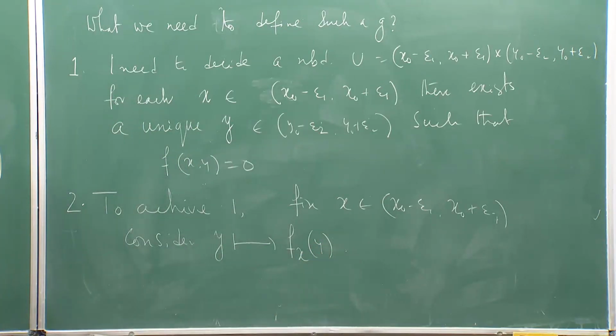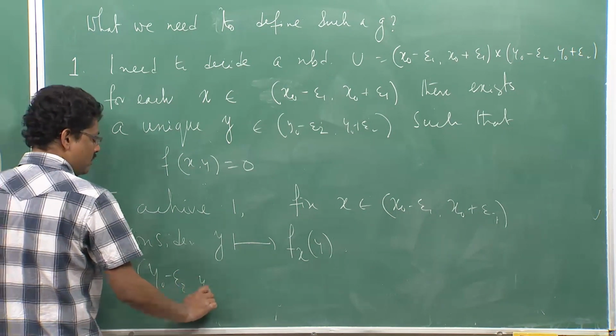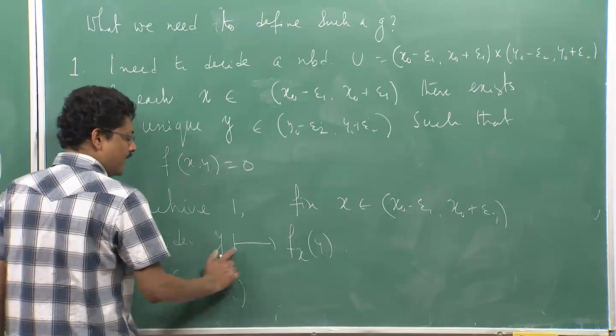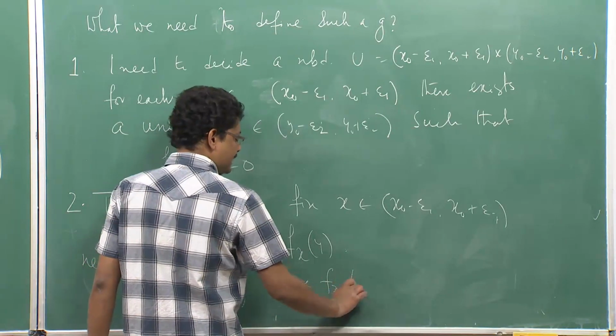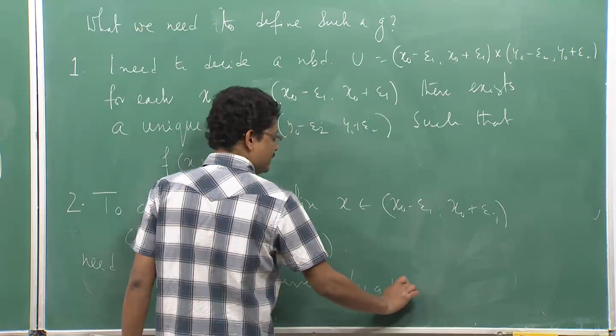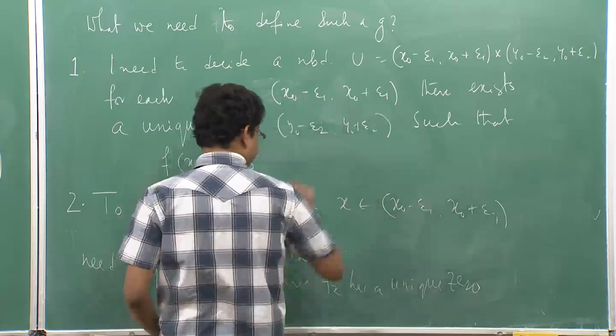What I need is an interval y naught minus epsilon 2, y naught plus epsilon 2, where this function has a unique 0.